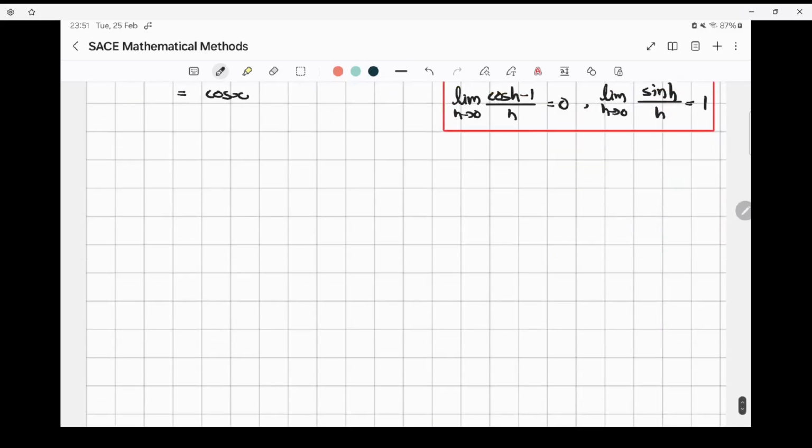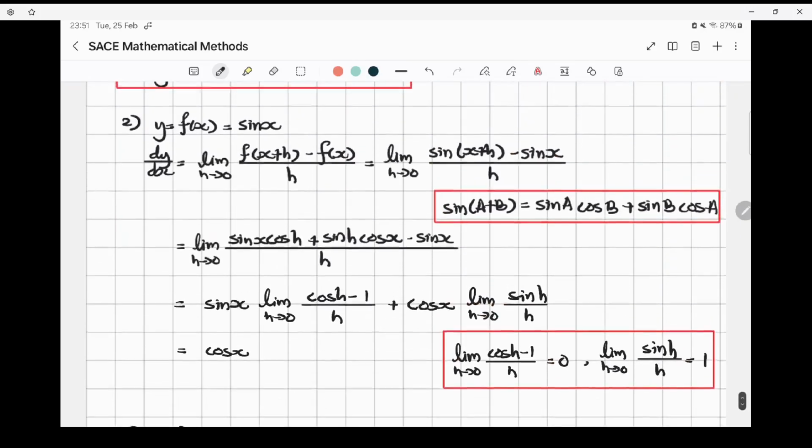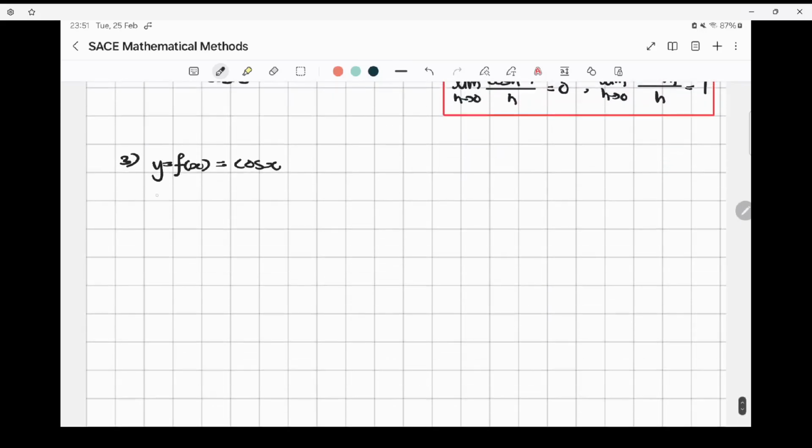So the third one, y equals f(x) equals cos x. Let's look at the dy/dx of this. Always write down the definition, then you won't get things wrong.